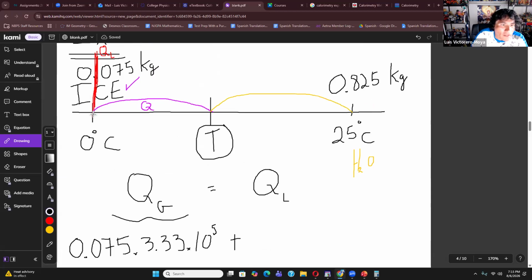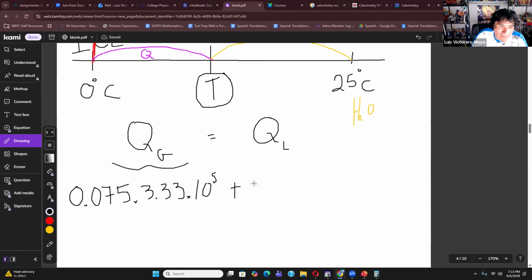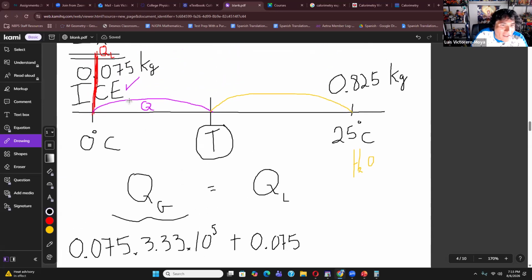Plus the Q to go from 0 to T. Mass of ice, the same, because the ice melts, but the mass didn't change. But guys, ice melts into water. This is water now. So I use the specific heat of water in this process.